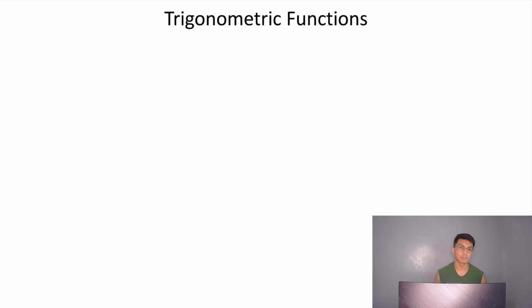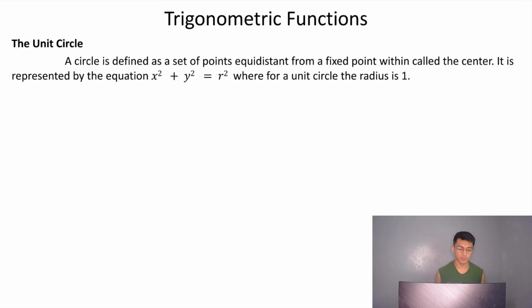Now, meron tayong tinatawag na circular approach of solving the values of the trigonometric functions. We call it the unit circle. A circle is defined as a set of points equidistant from a fixed point within called the center. It is represented by the equation x squared plus y squared is equal to r squared.